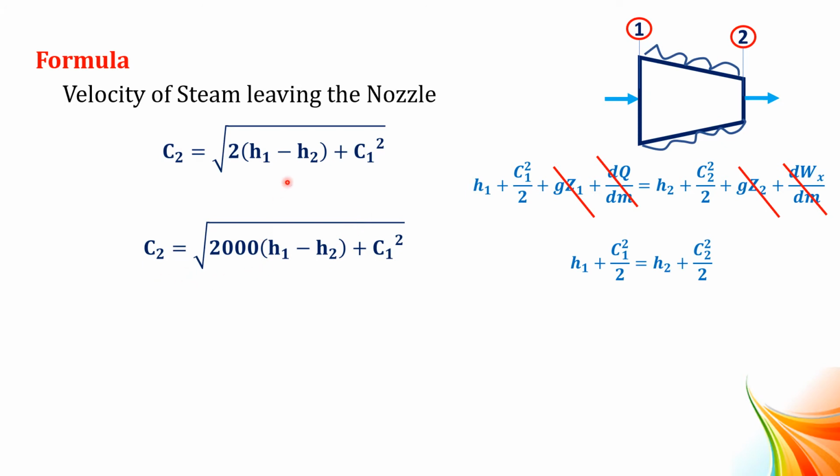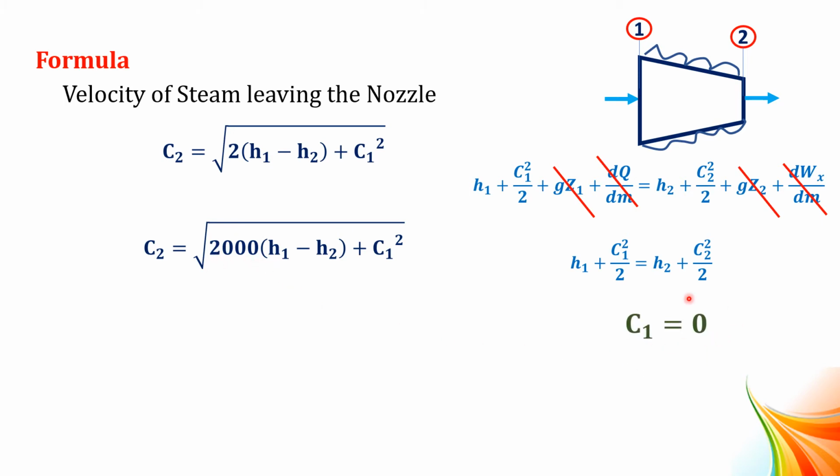Now, this equation can be rewritten as C2 equal to square root of 2000 into H1 minus H2 plus C1 square. Here we have to multiply the H1 minus H2 value by 1000. We get the values of specific enthalpies H1 and H2 from the steam table and Mollier diagram in kilojoule per kilogram. For converting kilojoule per kilogram to joules per kilogram, we have to multiply that value by 1000.